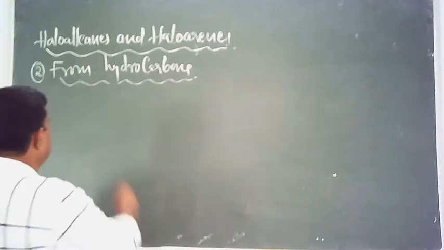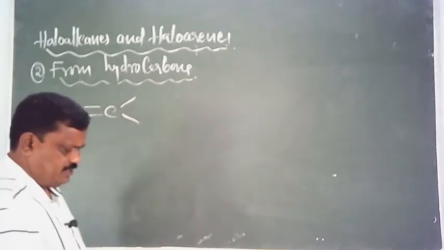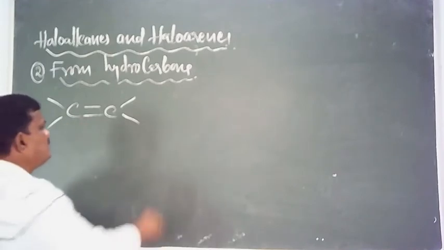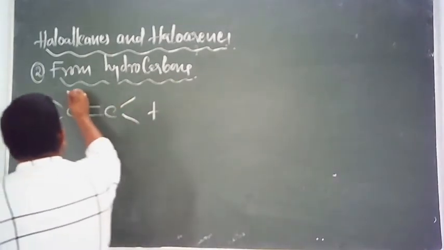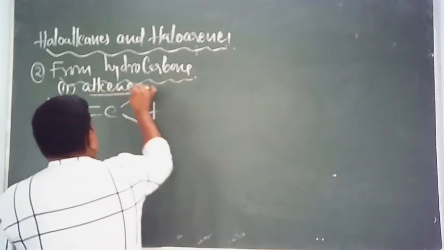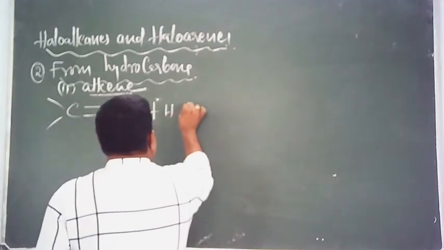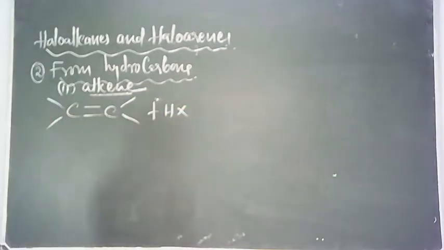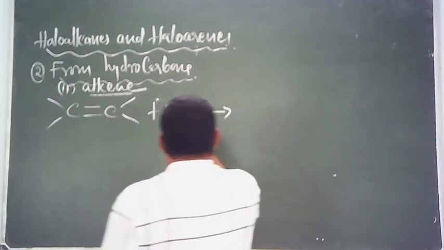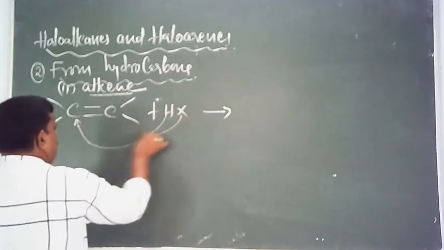Generally an alkene can be represented like this, C double bond C. When an alkene is treated with hydrogen halide HX or halogen acids, we get the corresponding alkyl halide. Hydrogen adds here, halogen adds to this.